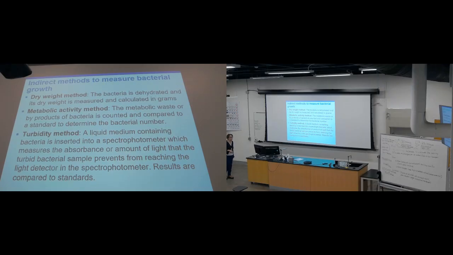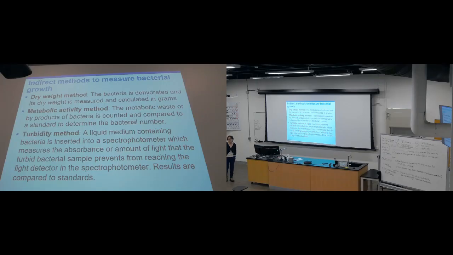Now for indirect methods, you have dry weight, in which you basically have your bacteria that has been dehydrated or sometimes incinerated, and then you calculate the number of grams of ash or the powder that you have after dehydration. And then you would have the metabolic activity method.